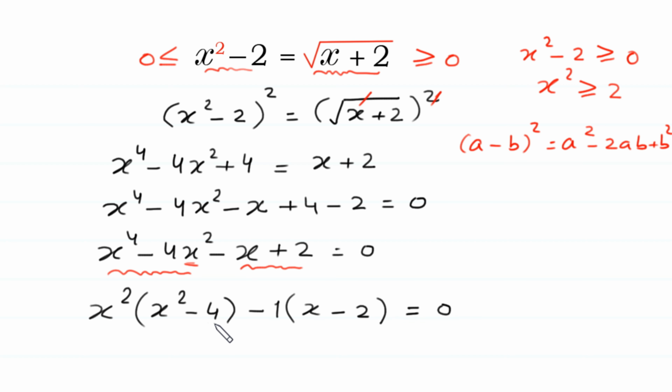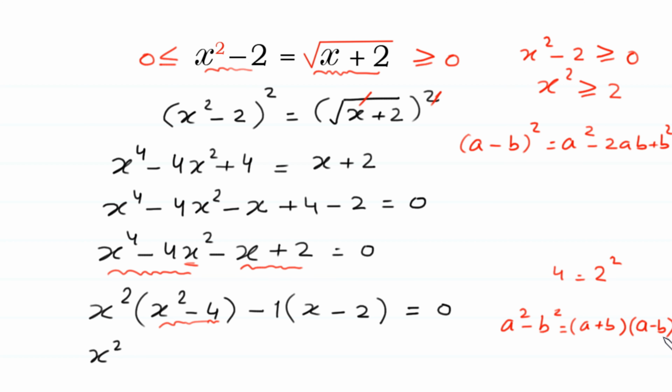Now this 4 is equal to 2². So this expression x² - 4 can be factorized according to the algebraic identity a² - b² is equal to (a + b) times (a - b).